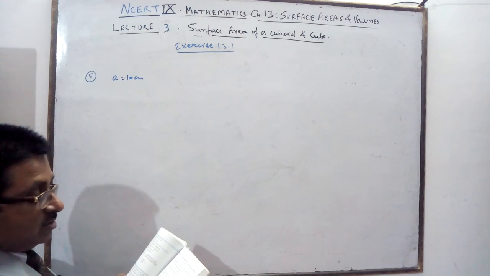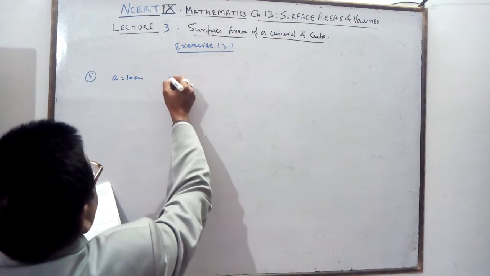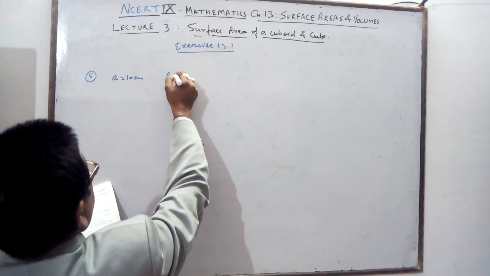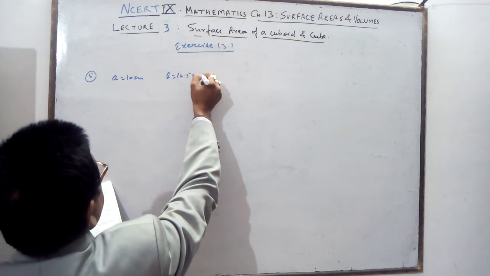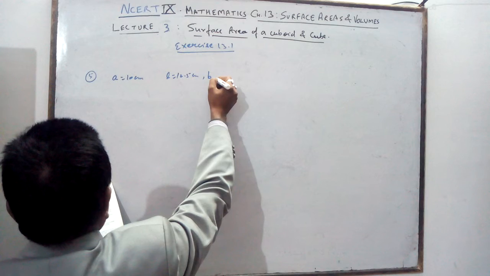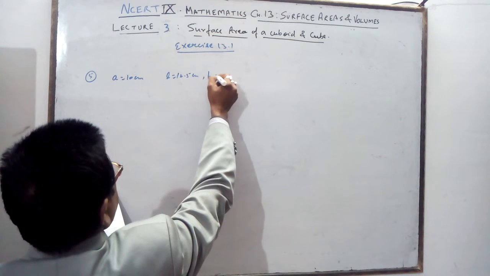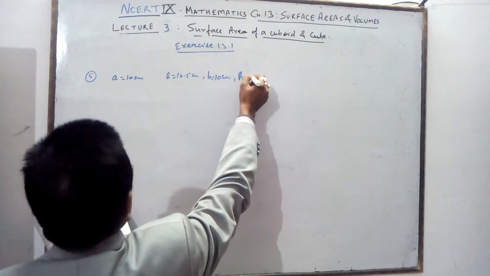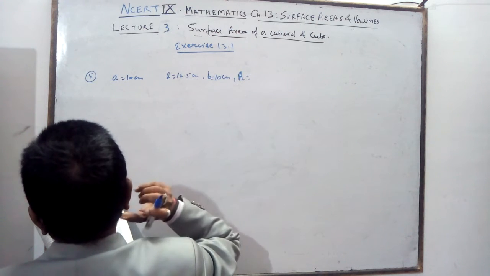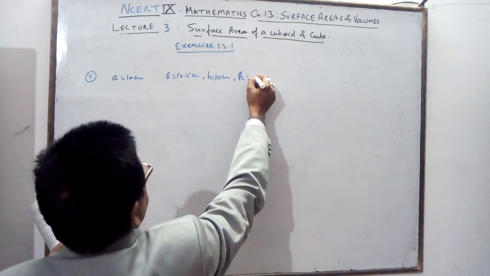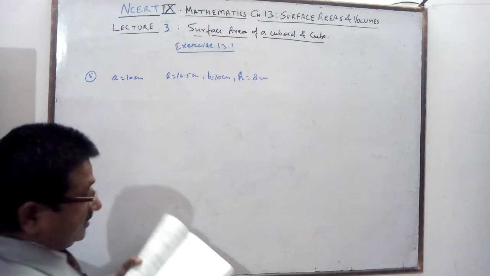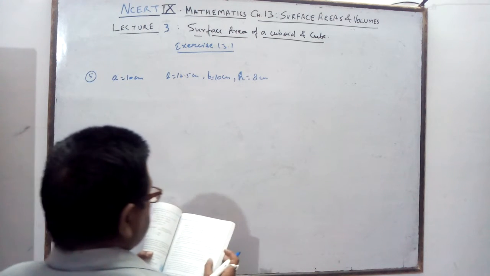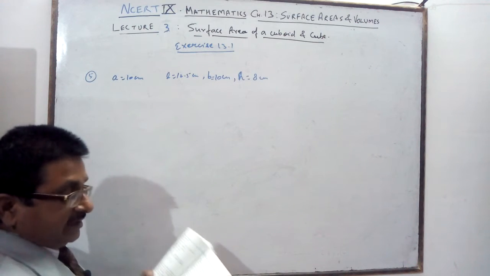Another cuboidal box is 12.5 centimeter long, 10 centimeter wide, and the height is given as 8 centimeter. Which box has the greater lateral surface area and by how much?